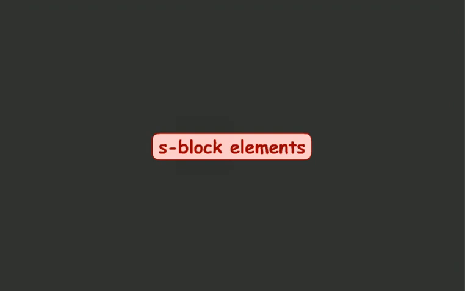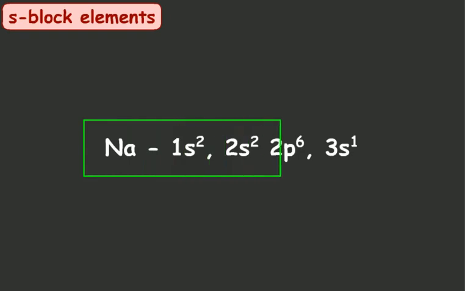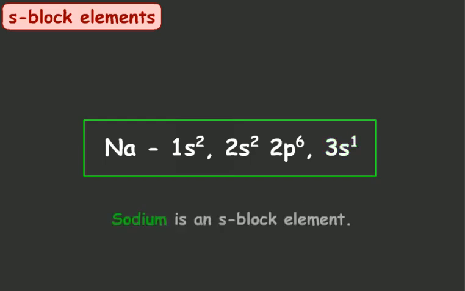S-block elements. Students, look at this electronic configuration of sodium atom. Here, the last electron is distributed in S subshell. Such an element is called the S-block element. Sodium is an S-block element.